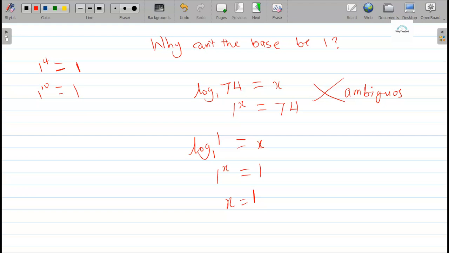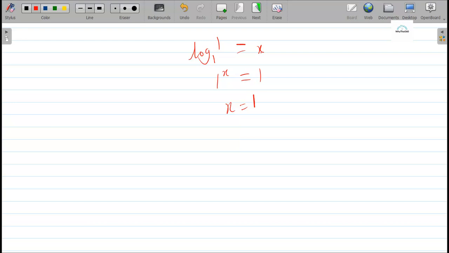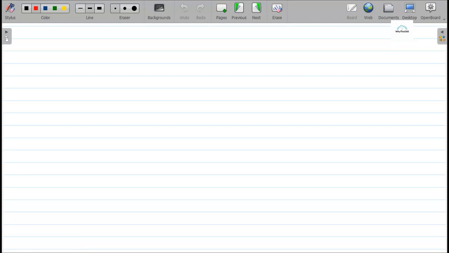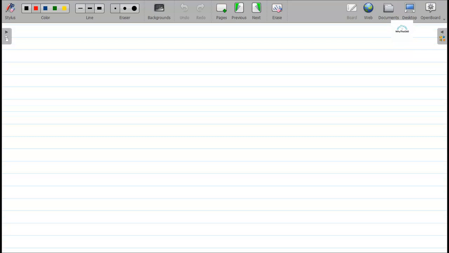Let me add another page. On this page I'm going to look at why the argument must be greater than 0.